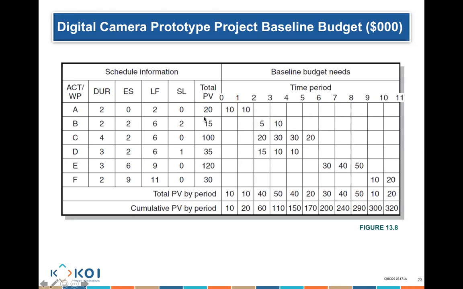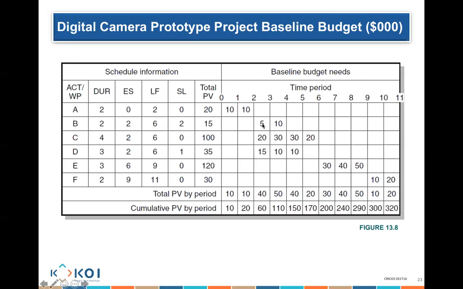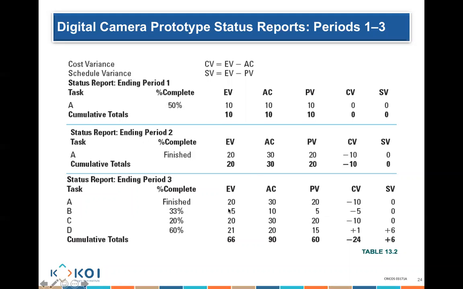So 33% of 15, that's $5. So I earned $5 because I've done 33% of the work. And it cost me $10. And I was planned to earn $5, which is what I have here. So if I calculate my variances, 5 minus 10 is minus 5, and 5 minus 5 equals 0.